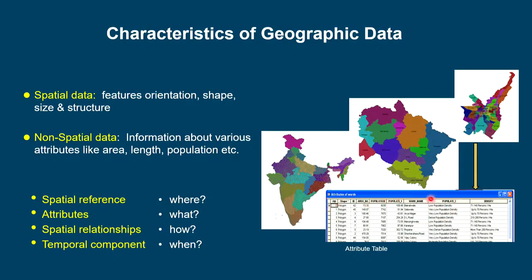For example, one row corresponds to one polygon, and since one row is occupied by many columns, each column represents one type of attribute of that particular polygon.